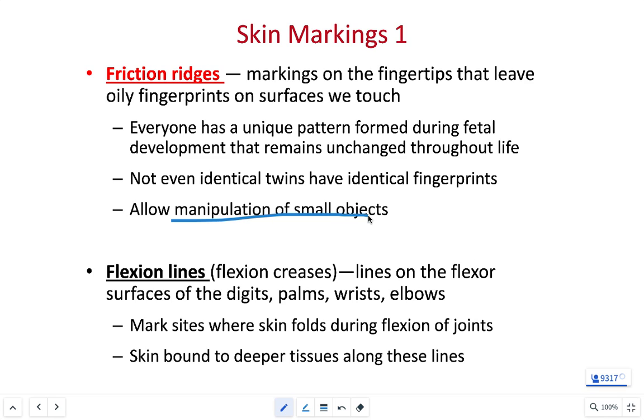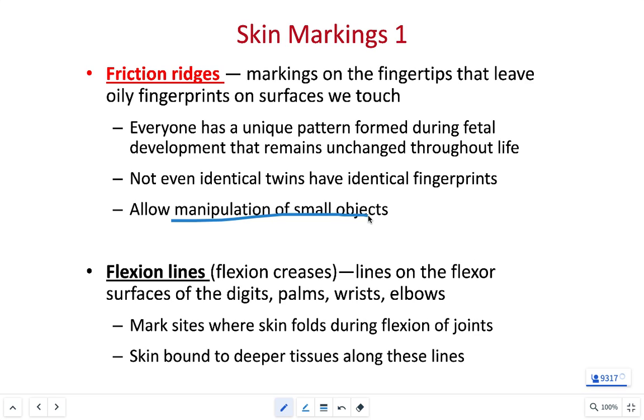If you ever look at your palm, you can see that there are some deeply embedded lines in the palm of your hand. Those deeply embedded lines are flexion lines, and these flexion lines are preferred directions that our skin prefers to bend.